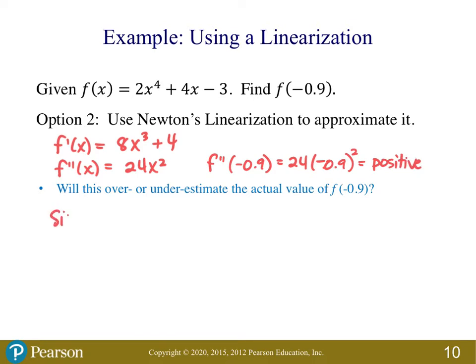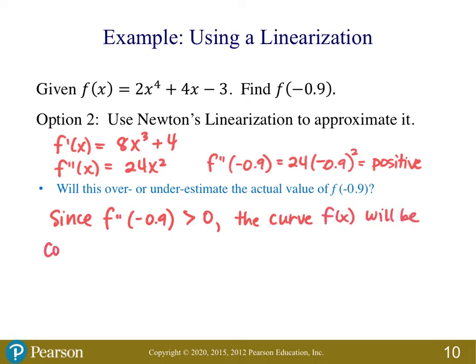So since f double prime of negative 0.9 is greater than 0, the curve f of x will be concave up at that point.